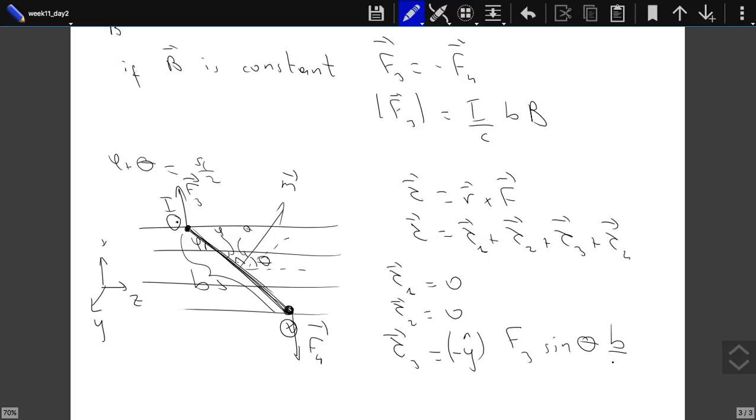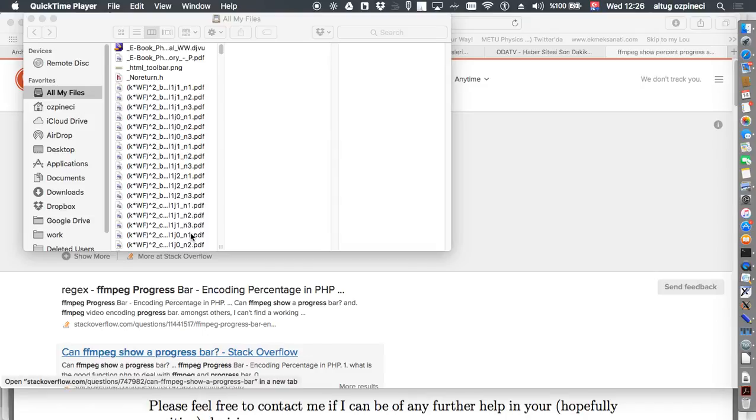Or b over 2. So it is sine theta, sine phi, sine theta over 2, sine phi over 2. Well, let's see, it should be the angle between R and F. Well, you see, one thing is the force is perpendicular to the wire. The second thing is the angle between R and F.